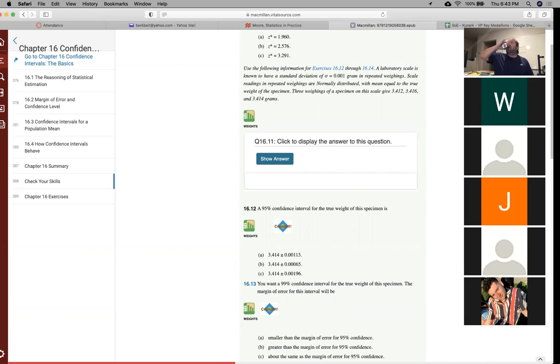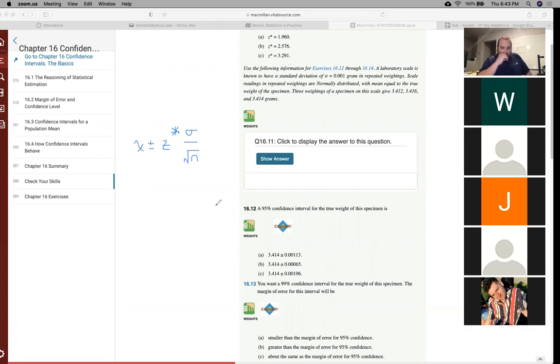So the estimate would be in our equation, x plus or minus z star times sigma over the square root of n, n being the number of weighings that we've had. The right side of the problem with the z, the sigma, and the n is the margin of error.